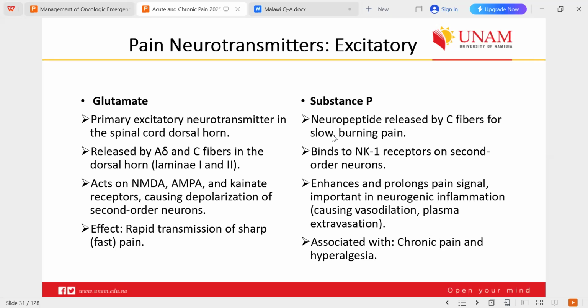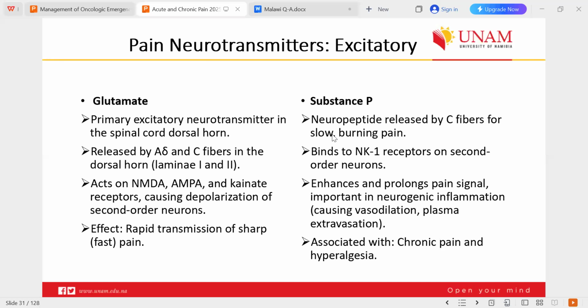Glutamate is the primary excitatory neurotransmitter in the dorsal horn of the spinal cord. Glutamate is released by your primary pain fibers, the A delta and C fibers, in the dorsal horn.